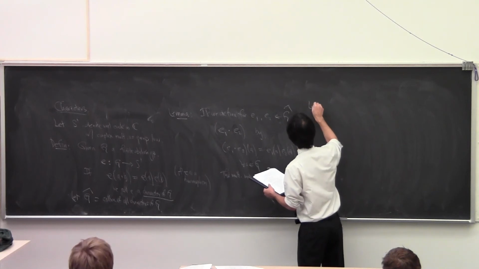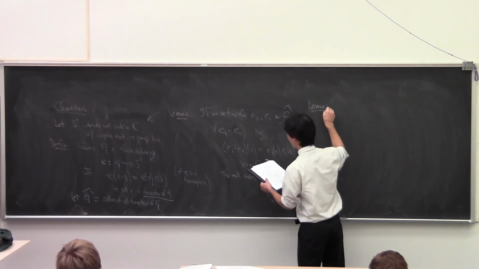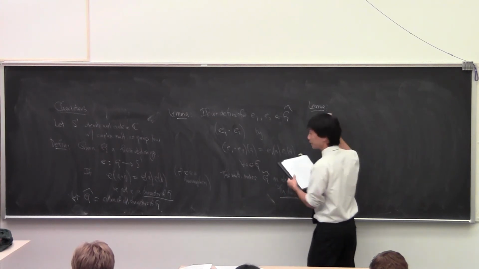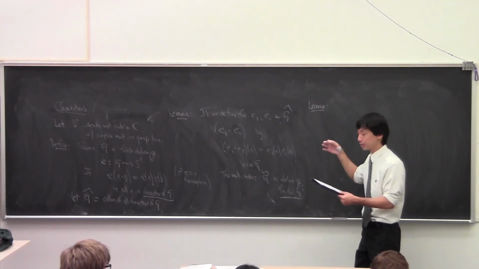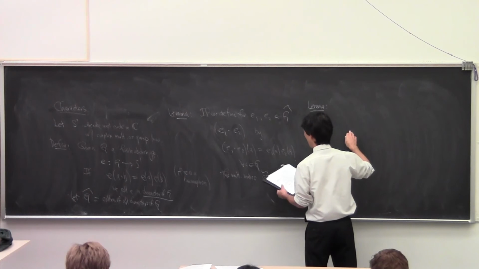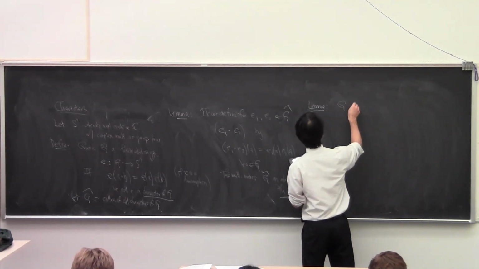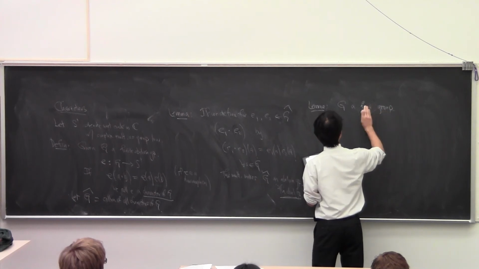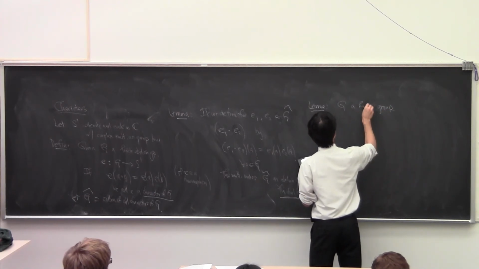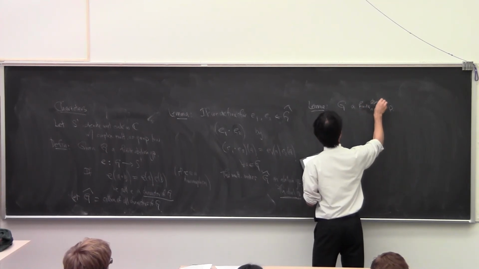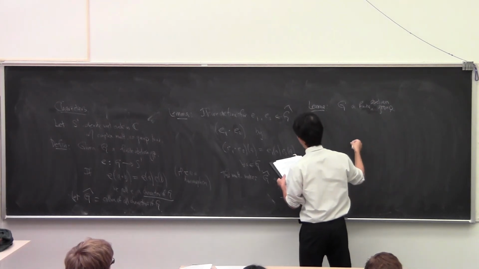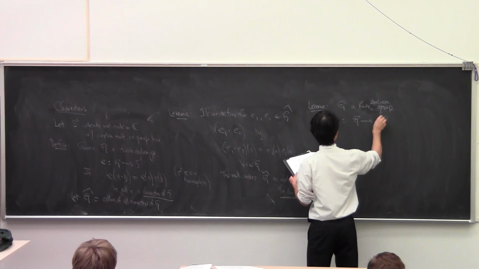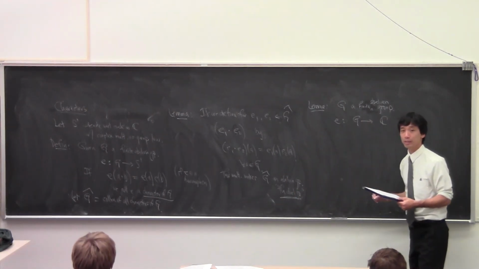Okay, let's finish with one lemma that will be useful, that basically allows us to get characters. Let G again be a finite abelian group, and let's suppose that E is just a map from G into the complex numbers.